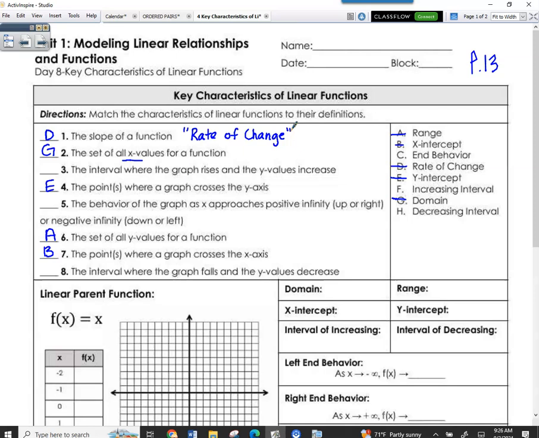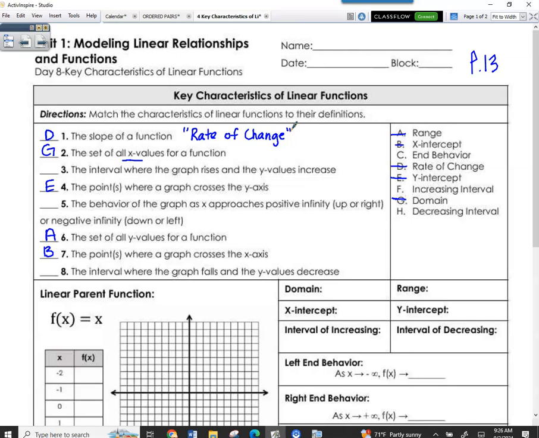Now, looking at what's left, we've got end behavior, increasing interval, and decreasing interval. Let's look at our definitions. The interval, blah blah blah. The behavior, blah blah blah. The interval, blah blah blah. Which one can I deduce based on the definitions?